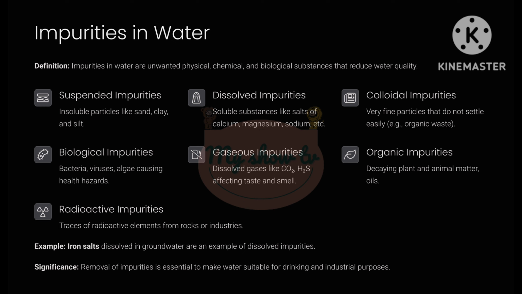Radioactive impurities. These are traces of radioactive elements like uranium or radium, usually found in water near mining areas or nuclear plants. Example: dissolved iron salts are common impurities in groundwater. Significance: impurities in water affect human health, industrial operations, and agriculture, so they must be identified and removed.